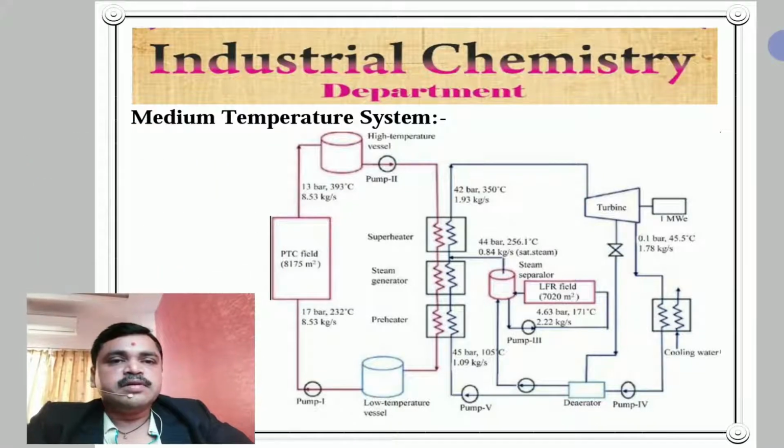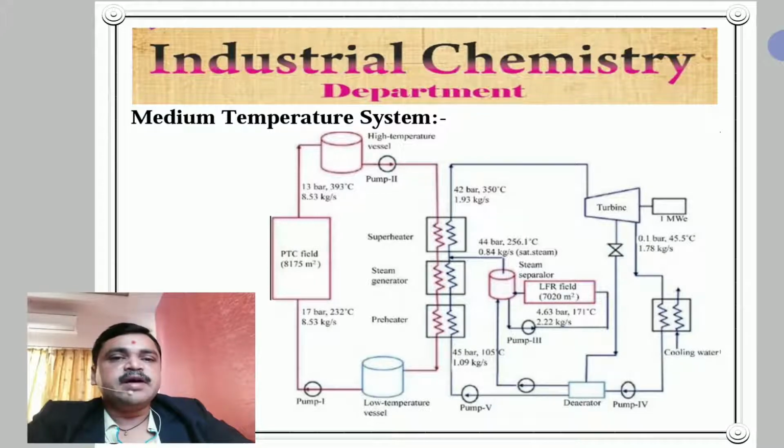Now, our last topic for this lecture is the medium temperature system. A medium temperature system works at a maximum temperature of up to 400 degrees Celsius.